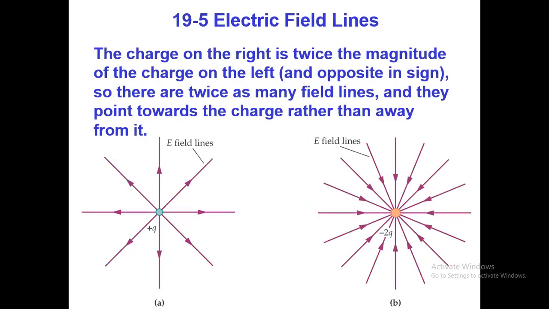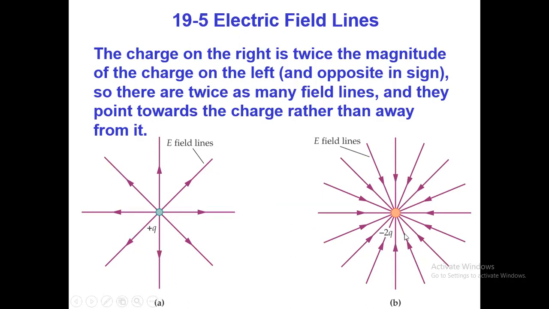So now this is the visualizing aspect of electric lines of forces in the slide presentation. The charge on the right is twice the magnitude of the charge on the left, and opposite in sign. So you can say the lines of forces are for charge Q, and this is for minus 2Q.